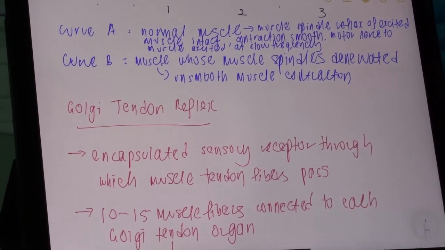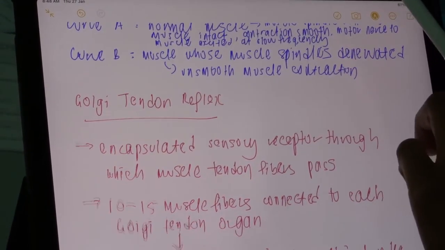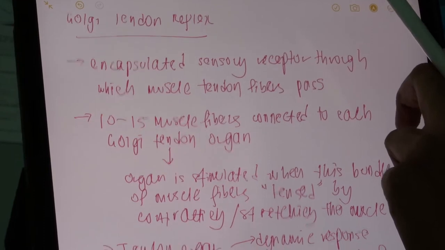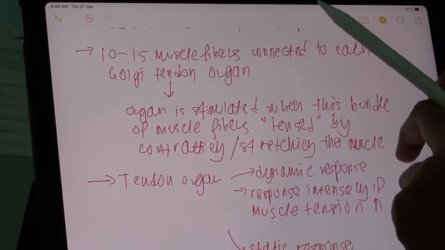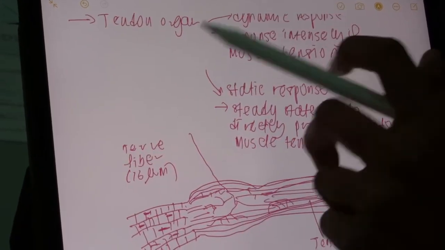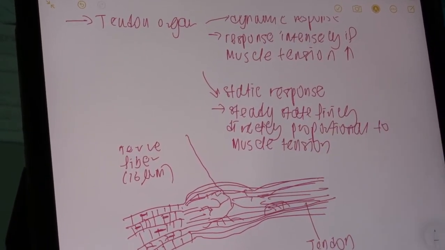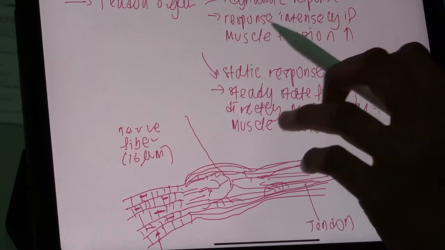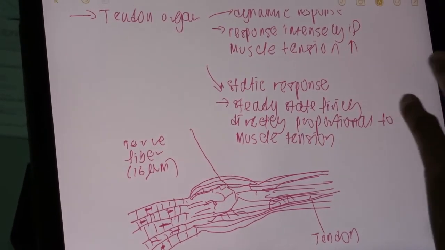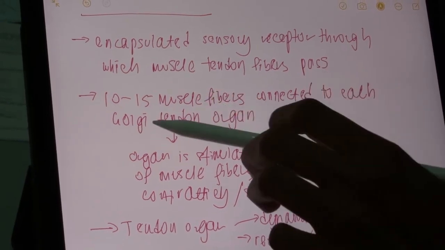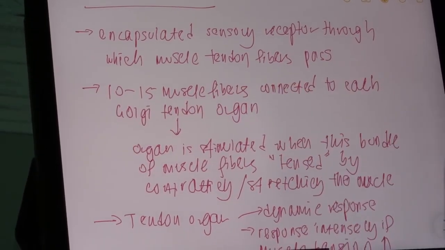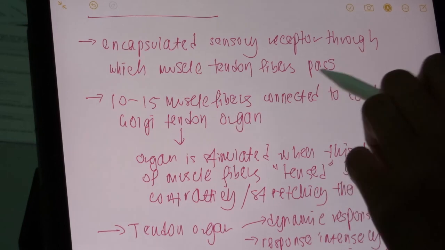I will just talk a bit about the Golgi tendon reflex. This is an encapsulated sensory receptor, whereby the muscle tendon fibers pass through. There will be 10 to 15 muscle fibers connected to each Golgi tendon organ.